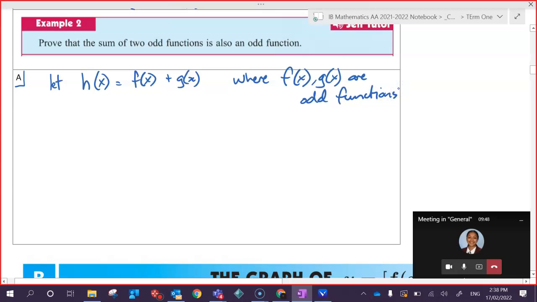Are you happy that now I have a function which is the sum of two odd functions? Yeah. Okay. What would h of negative x be?